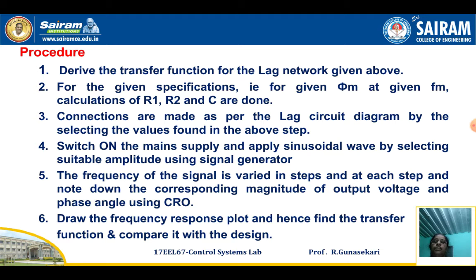Switch on the main supply and apply the sinusoidal waveform by selecting suitable amplitude using the signal generator. The frequency of the signal is varied in steps, and at each step note down the corresponding magnitude of the output voltage and phase angle using the CRO. Draw the frequency response plot, hence find the transfer function and compare it with the design.